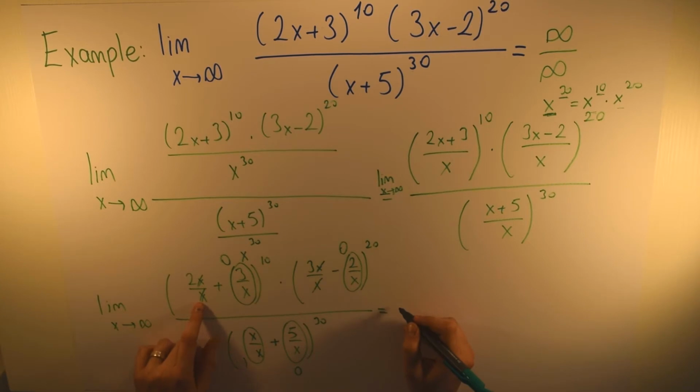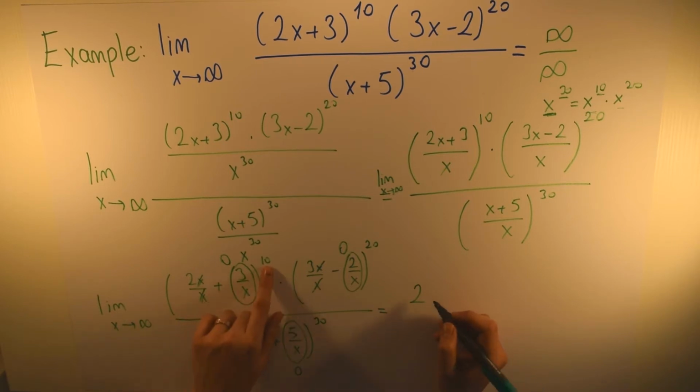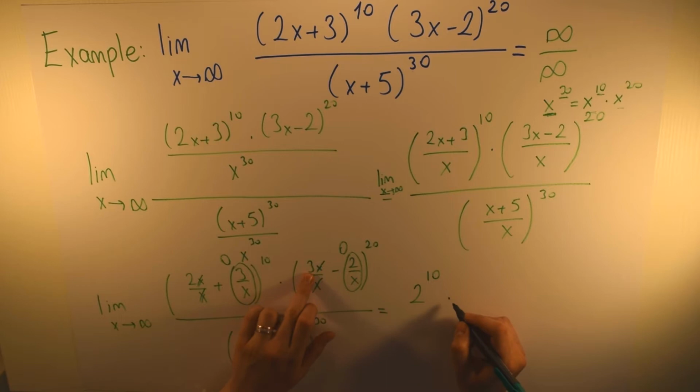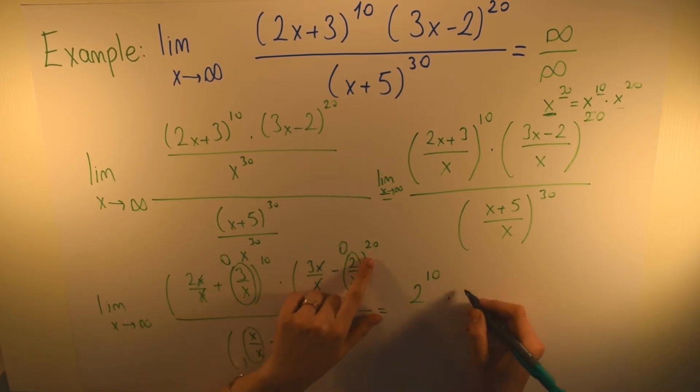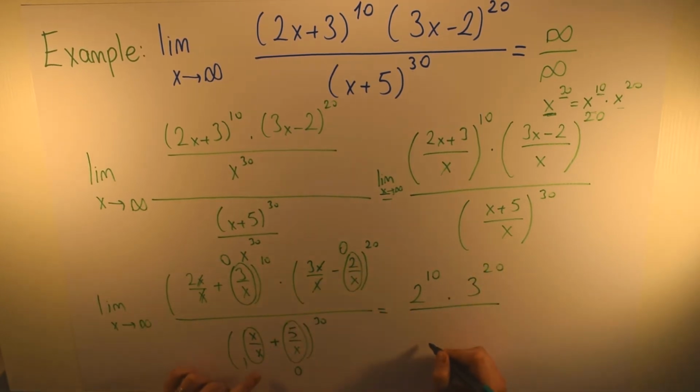So what we have now is (2 plus 0), which is 2, to the power of 10, times (3 minus 0), which is 3, to the power of 20, over (1 plus 0), which is 1, to the power of 30, which is equal to 1.